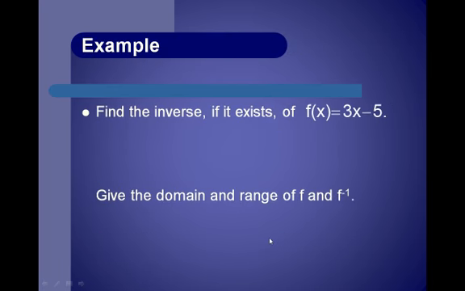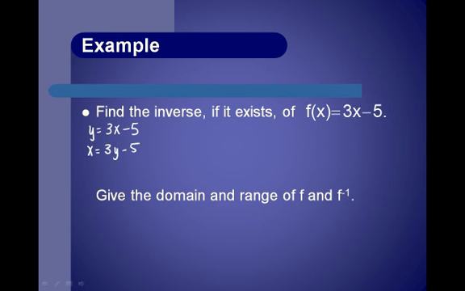Let's do some examples. Find the inverse, if it exists, of f of x equals 3x minus 5. Well, because they gave us f of x, we're going to say y equals 3x minus 5. Second step says switch x and y, so we're going to get x equals 3y minus 5.